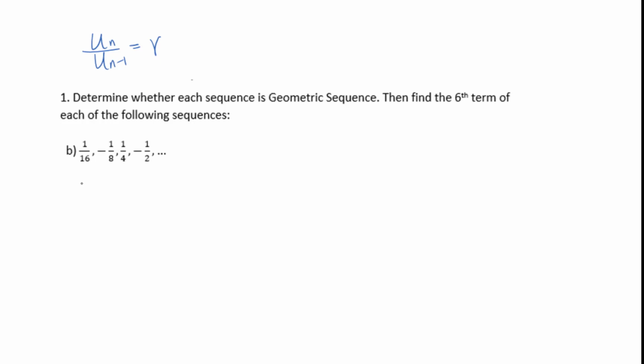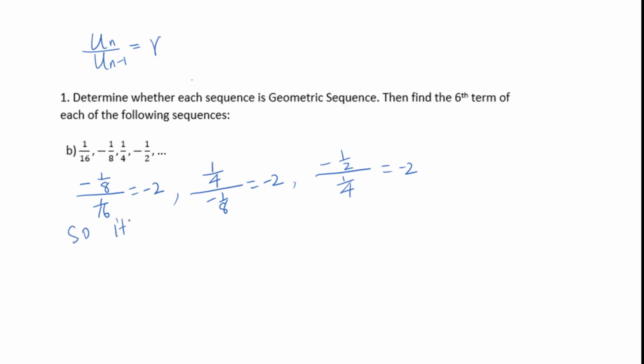Therefore, we need to work out: negative 1 over 8 divided by 1 over 16 equals negative 2. 1 over 4 divided by negative 1 over 8 equals negative 2. Negative 1 over 2 divided by 1 over 4 equals negative 2. So it is a geometric sequence.